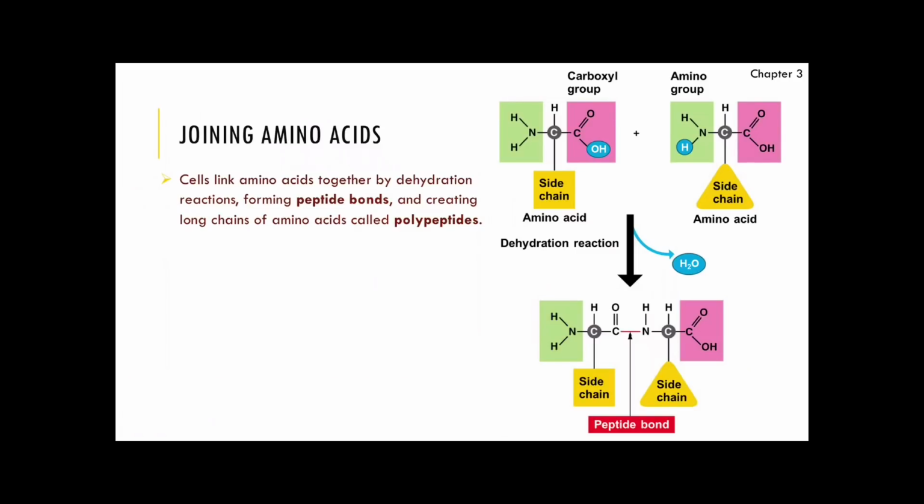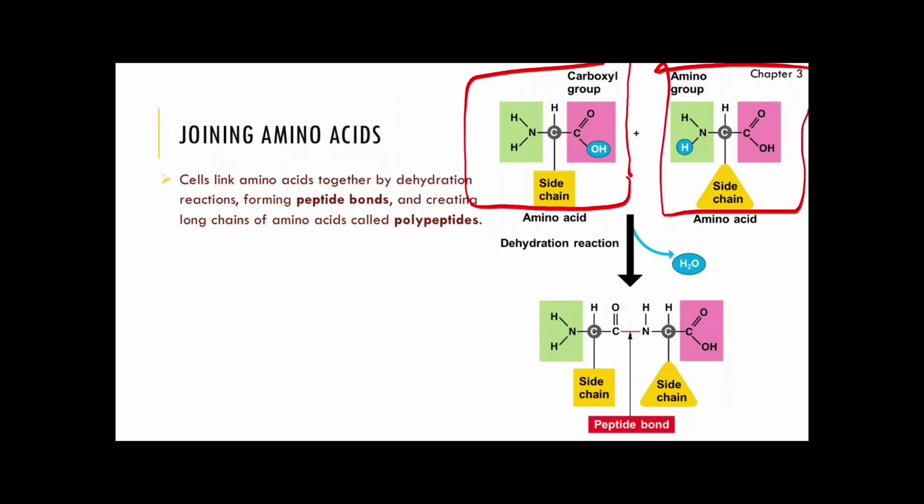When amino acids join, so هذا amino acid وهذا another amino acid. When you want to join them عشان نسوي سلسلة، عشان نسوي polymer, okay, you have to create a bond between.